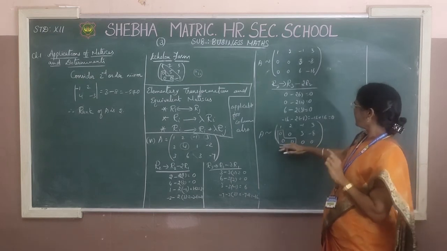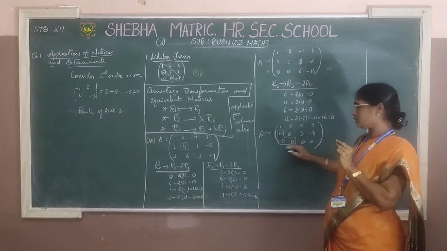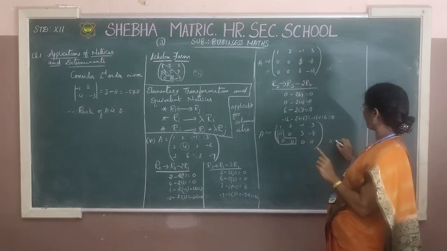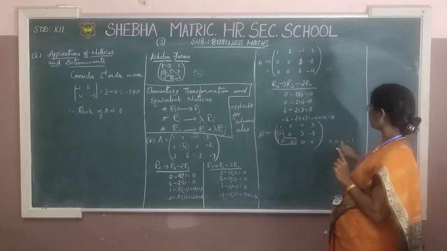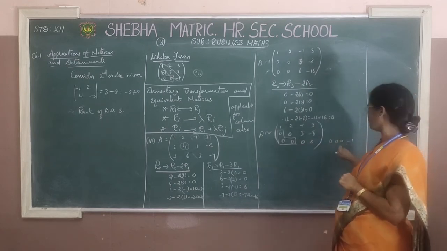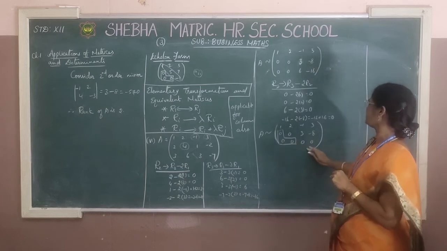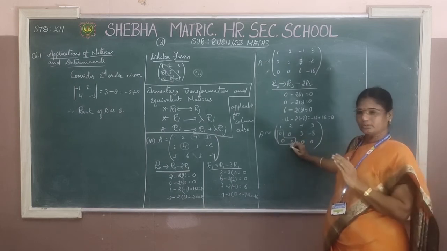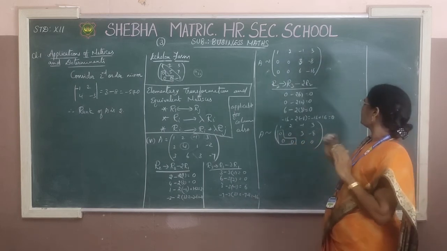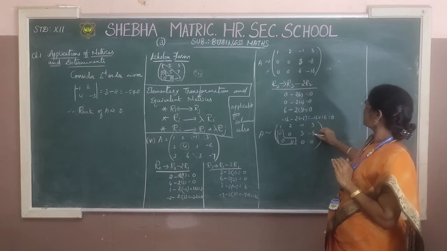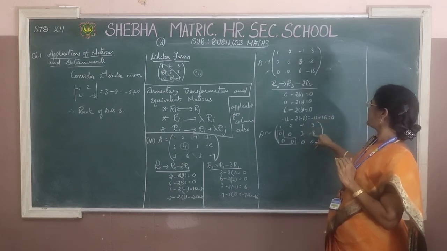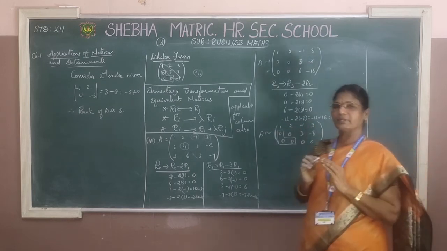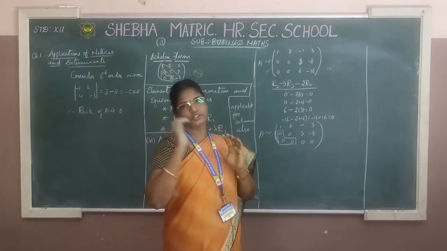If at least one element is not equal to 0 in a row, it is considered a non-zero row. That means if you have 0, 0, minus 1 in a row, it is considered a non-zero row. But we have all the elements zero in this last row, so we treat this as a zero row. Now we check these two rows. In these two rows there are non-zero elements: 2 here and 4 there. So we have 2 non-zero rows.